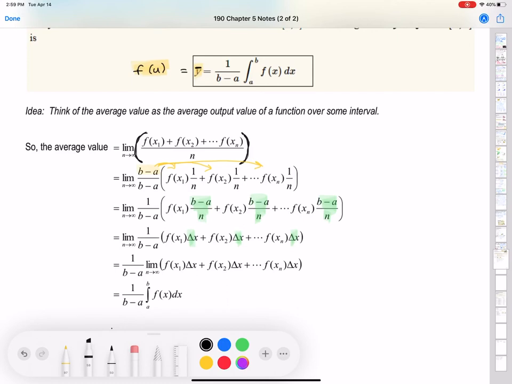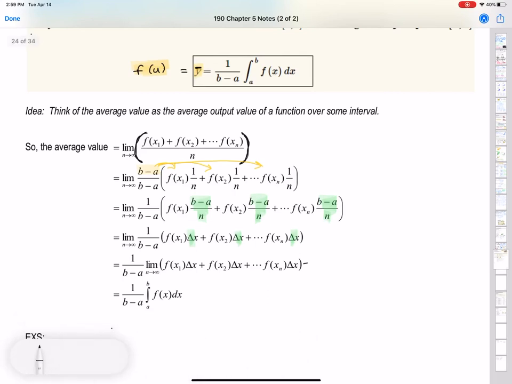And so when I have the limit of the Riemann sum, which is really what I have here, if I rewrite this as my 1 over b minus a times the limit as n goes to infinity of the sum as i goes from 1 to n of f of x sub i, and then times my delta x, that is our definition as the limit of the Riemann sum, here obviously assuming equal widths.